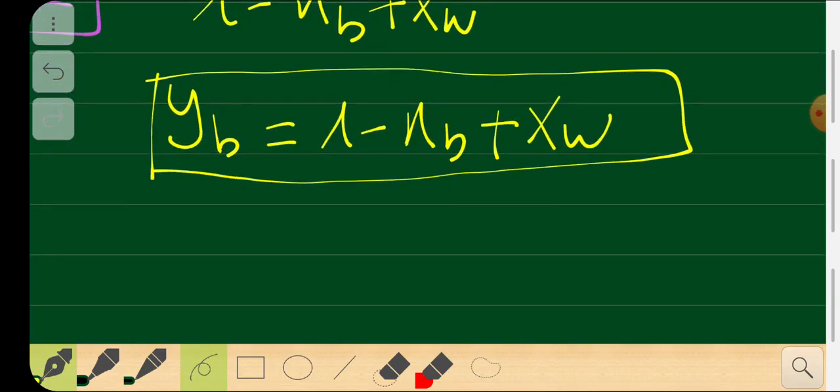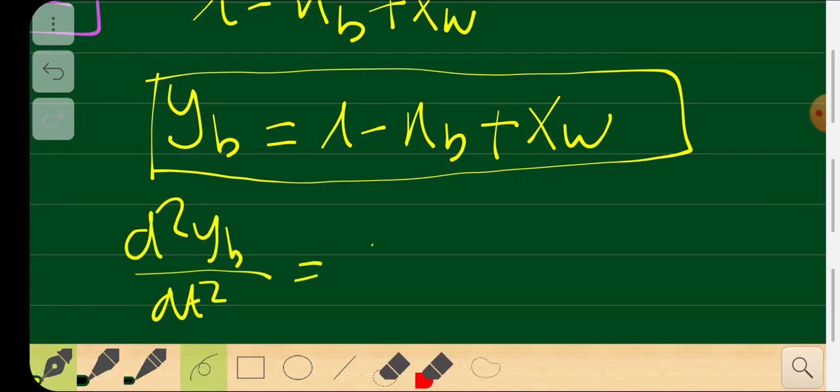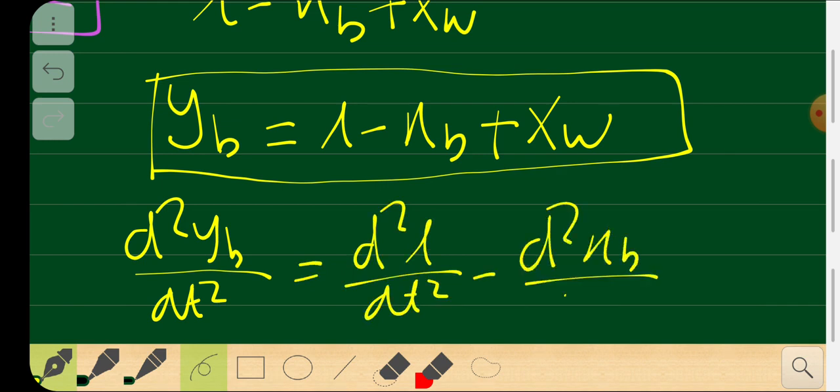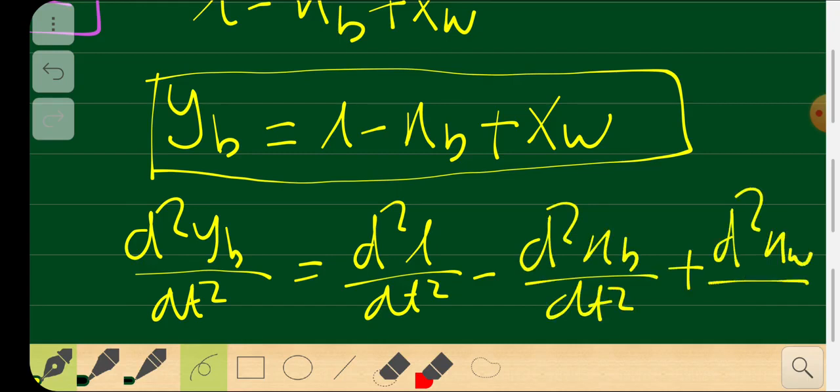I'm going to take the second derivative of this whole thing so that it can be transformed in terms of acceleration. These are all distances, so let's turn them into acceleration. So you get d square yb by dt square must be equal to d square l by dt square minus d square xb by dt square plus d square xw by dt square. So we got all that.